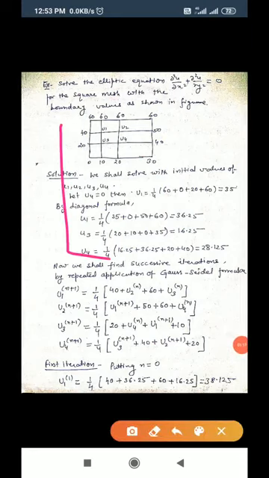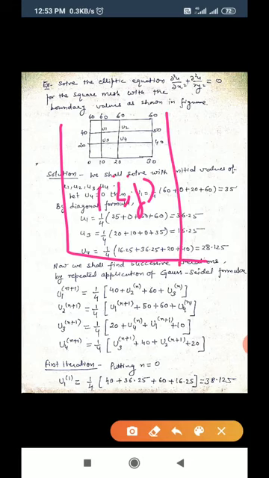Let's see in this rectangular region, suppose if (x, y) is any mesh point, then we can write x = ih, y = jk. So this is mesh point (i, j).